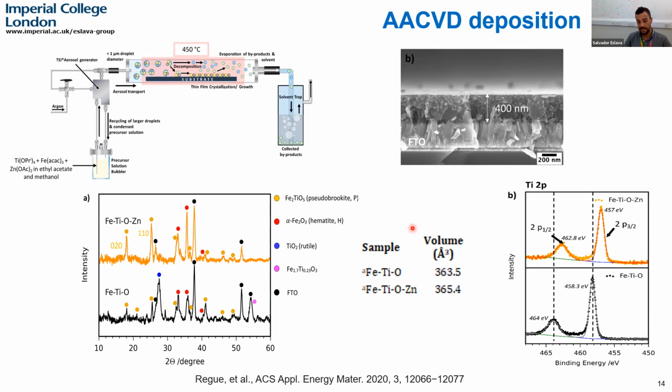We analyzed the X-ray diffraction results, and we could see an increase of the unit cell, which is assigned to the interstitial position of zinc 2+ in the unit cell. We also saw some shifts in the XPS peaks, for example, in the titanium 2p peaks. We see a shift that we assigned to the presence of more titanium 3+ centers, more oxygen vacancies, and also we saw in the iron that we have some more iron 2+ centers.